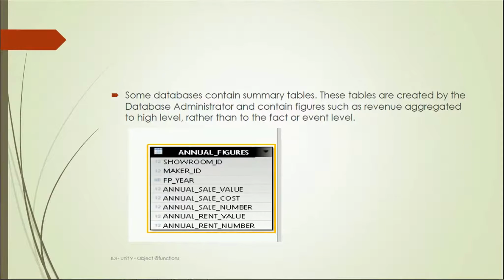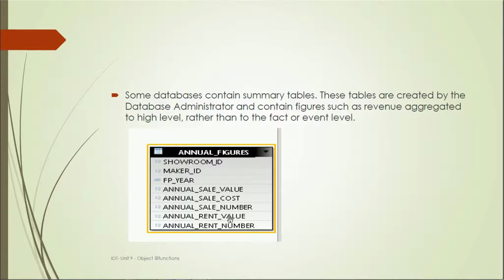Some databases contain summary tables. What are summary tables? Summary tables hold values like annual cost, annual sales revenue, annual sales number, annual rent value, and so on. Why are these tables in the database? Because they hold values which can be retrieved directly by the query. If you want to process annual sales value using different tables, it will take time, which costs performance.